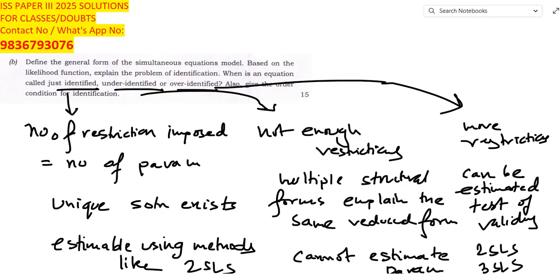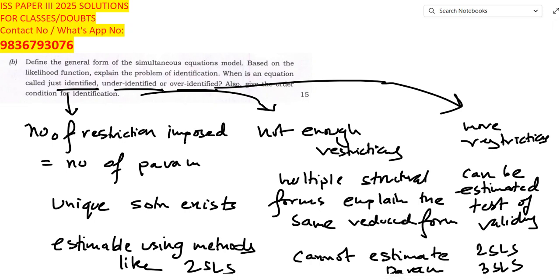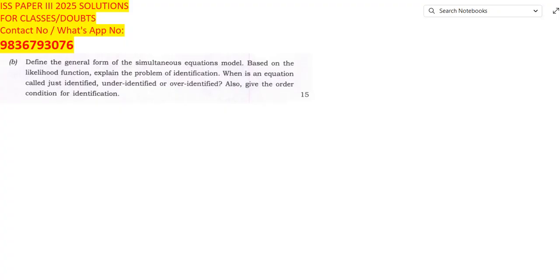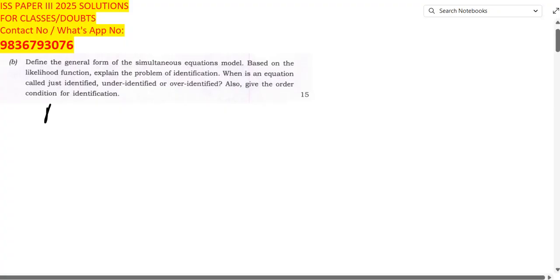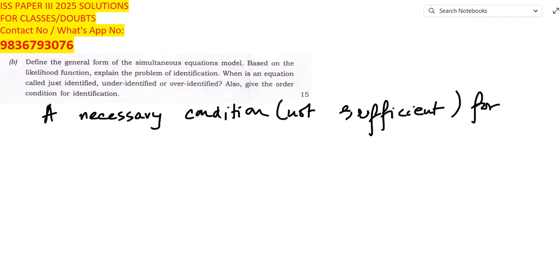Okay. Now finally also give the order condition of identification. What is that? So it is a necessary condition but not sufficient for identification of an equation.